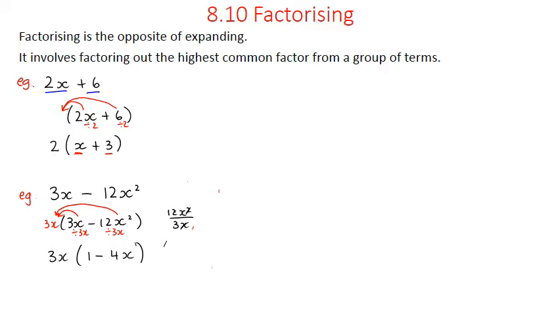Now, what you can do to check your answer is go back to expanding brackets, do it the opposite way and see if you get the question. So like we learnt in expanding, you multiply that in.